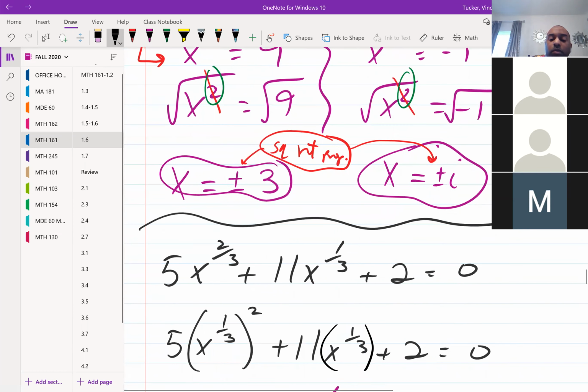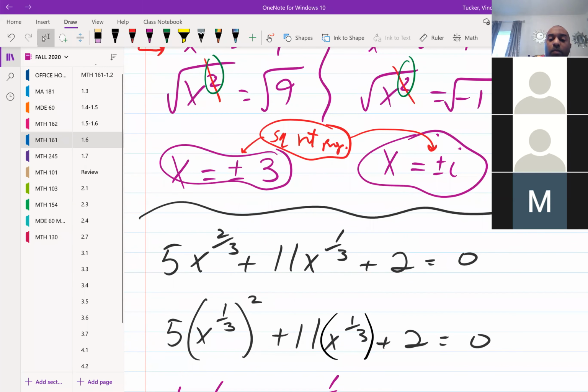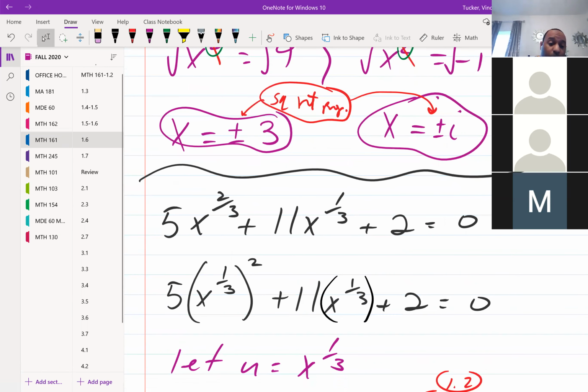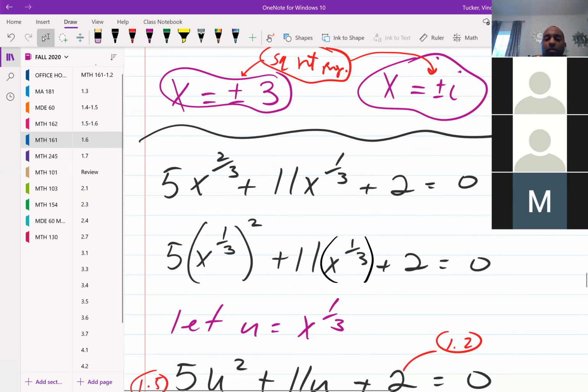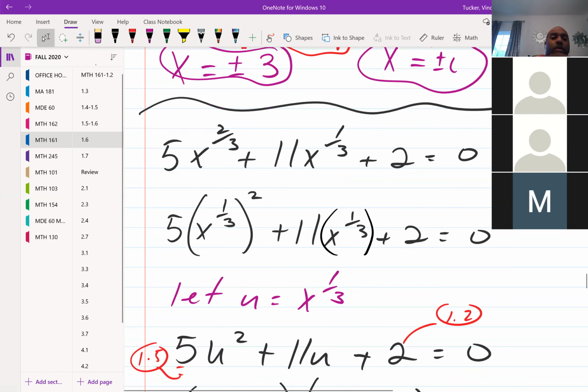So just like we did before, where we let u be equal to x squared, this time we'll let u be equal to x to the 1/3.